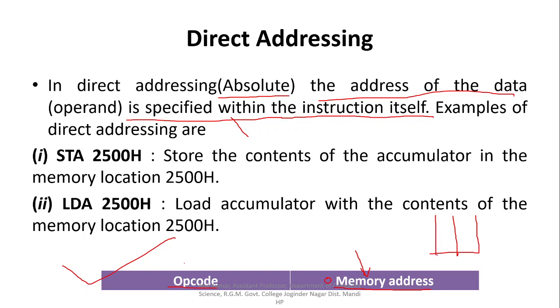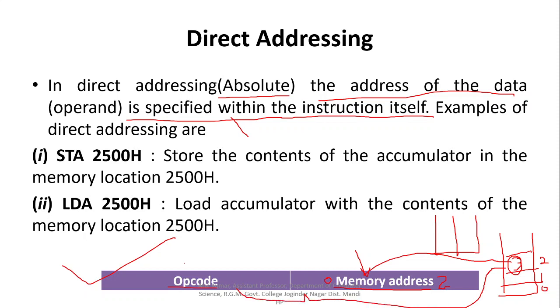Suppose we have a memory like this, and suppose the operand is 3, that is to be fetched, and the addresses start from 0, then 1, then 2. In direct addressing mode, the memory address in this instruction is 2, so it will go directly to address 2, and at address 2 we have the operand, which is 3, that is to be fetched from memory for this opcode operation. So we have this kind of example.